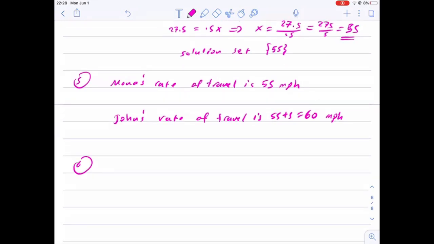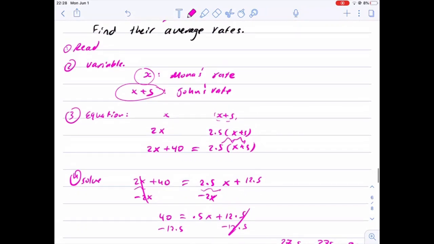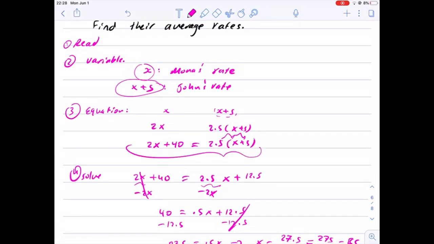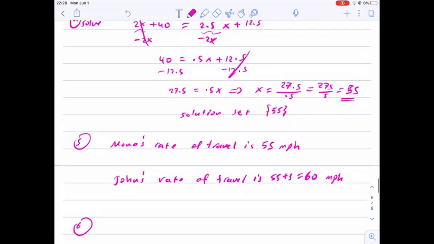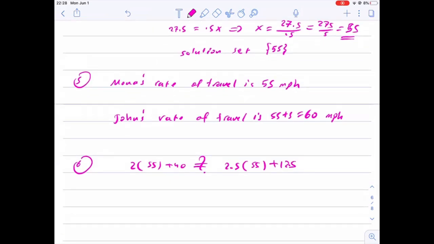Now if we want to check, we can plug into this equation to check our answer. So we can write 2 times x, x is 55, plus 40. Is it equal to 2.5 times 55 plus 12.5? If we simplify, we find that the left-hand side gives 150, the right-hand side gives 150.